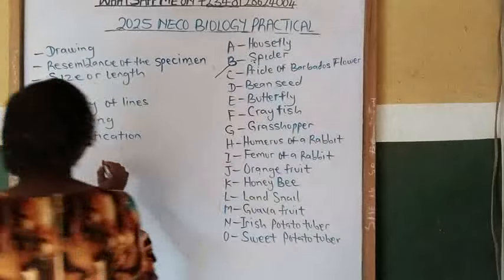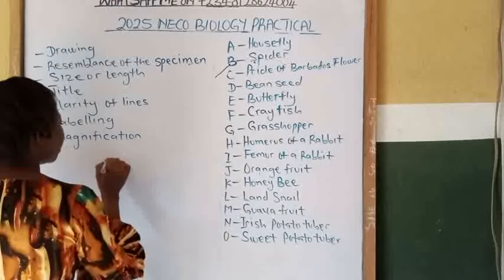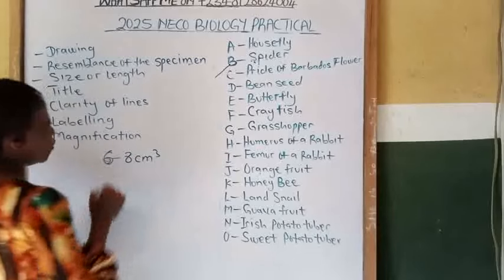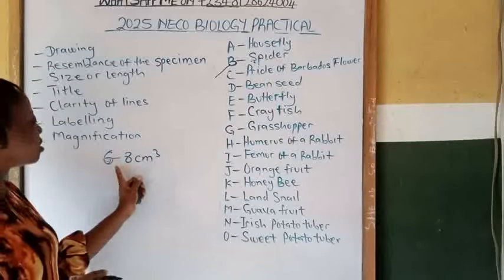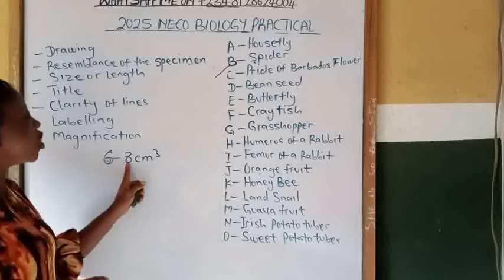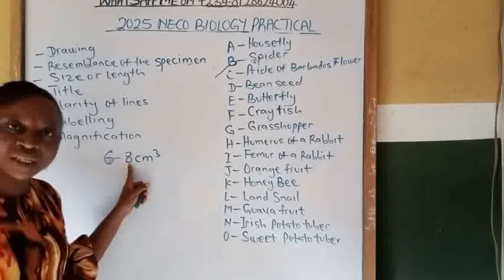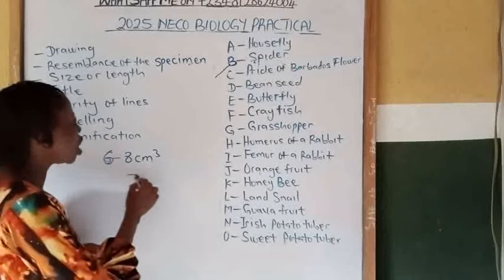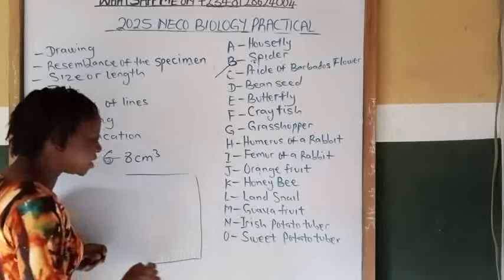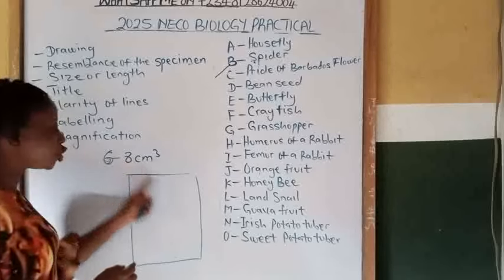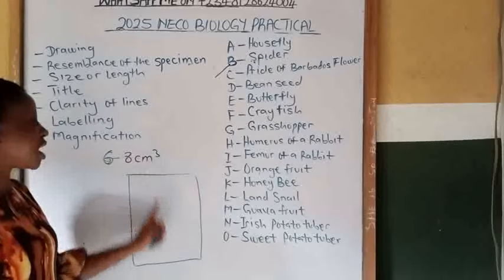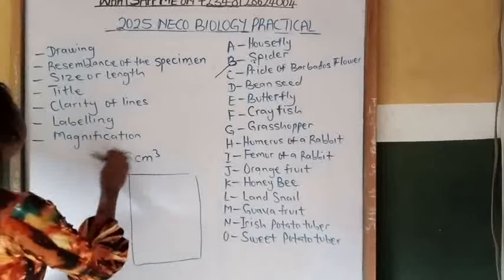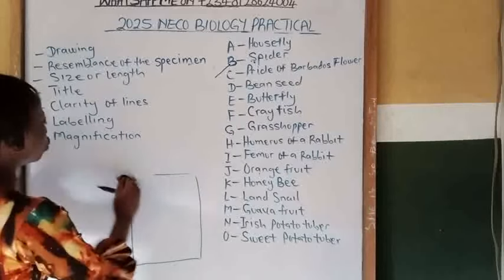If your instruction asks you to draw within 6 to 8 centimeter long, don't let it exceed 8 centimeter and don't let it be below 6 centimeter. You can draw a box of 8 centimeter long and draw inside the box so that your diagram will not exceed 8 centimeter.